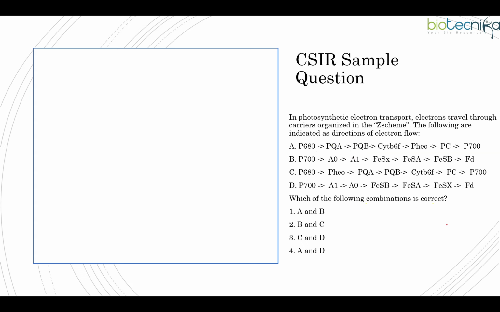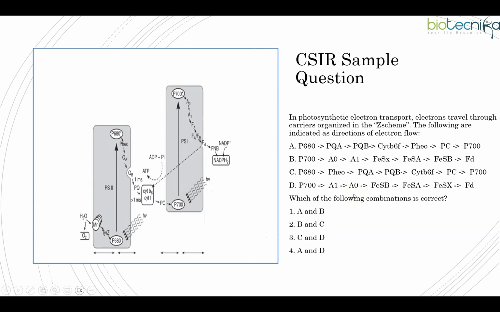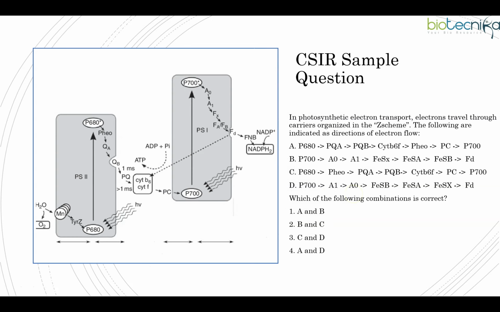As I said, if you look at all the options together, any wrong options can confuse you as well. So in this particular question, obviously option 2 is the right answer, because if anyone knows about PS2 and PS1, we know that we have this P700, which is a component of PS1. From here we have A0, A1, then ferredoxin, then FeS A and B, both are there, and then Fd.